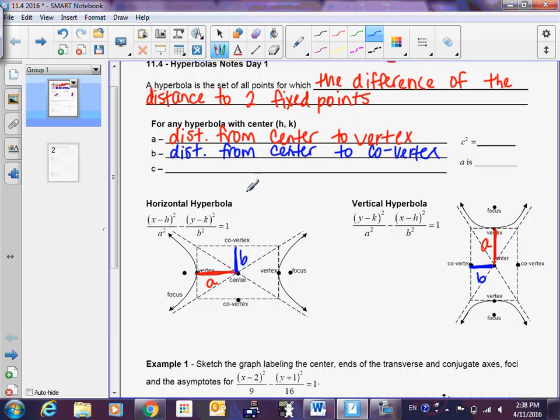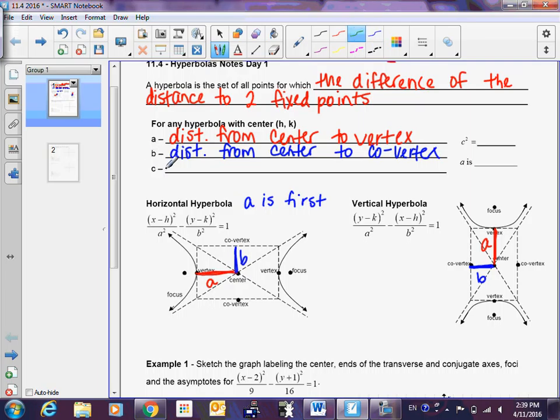But what do you notice about the two formulas about where A squared is? It's on the left, or we should say maybe it's first, okay? So let's note that somewhere. A is first. It's not always the biggest, okay? That was true for ellipses, not true for hyperbolas.